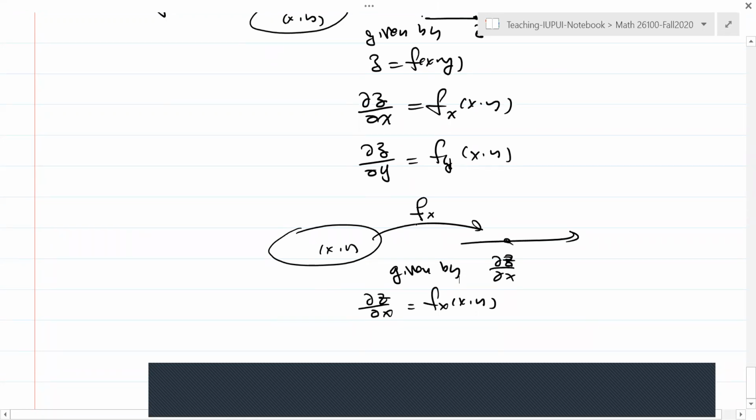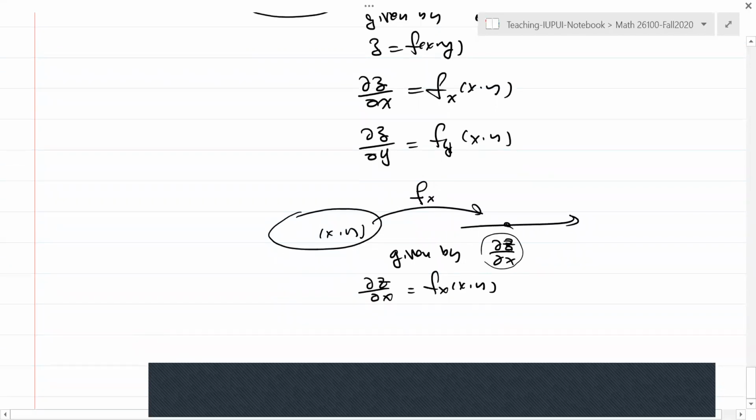f sub x is a new function. This is actually the partial derivative function with respect to x, and it assigns a number to each point in the domain. That new number is denoted by this notation.